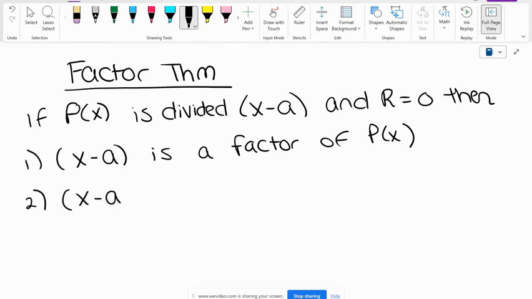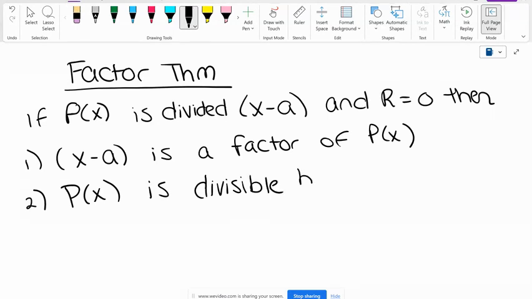We can conclude that p of x is divisible by the quantity of x minus a. So meaning divisible just means it goes in evenly.